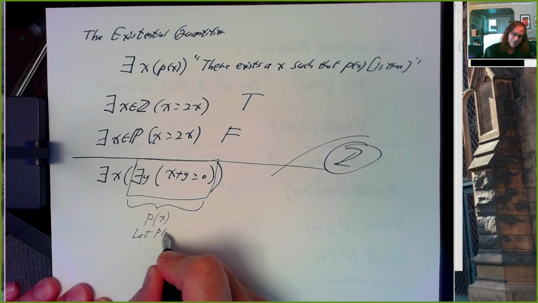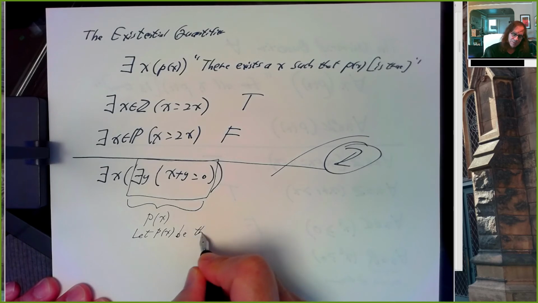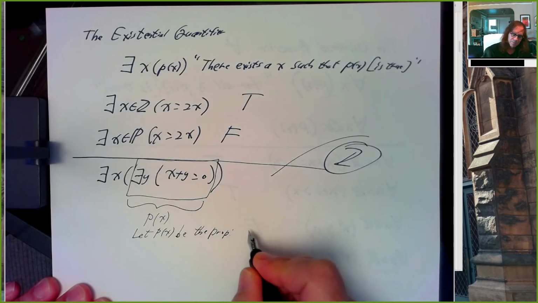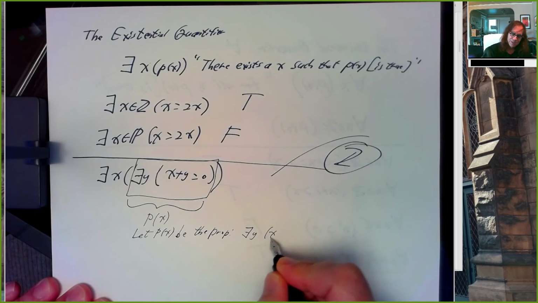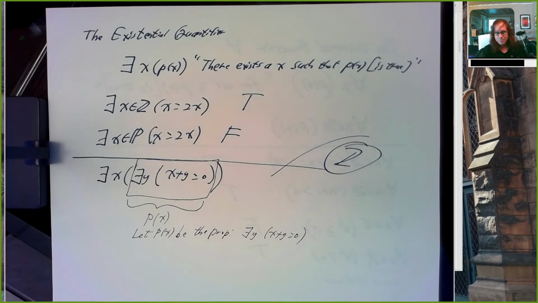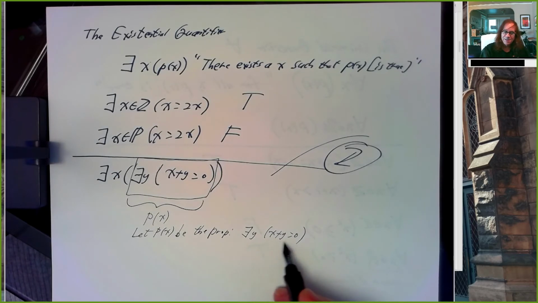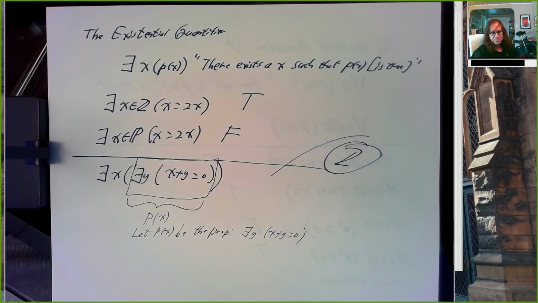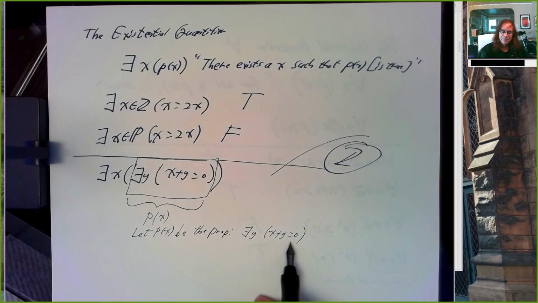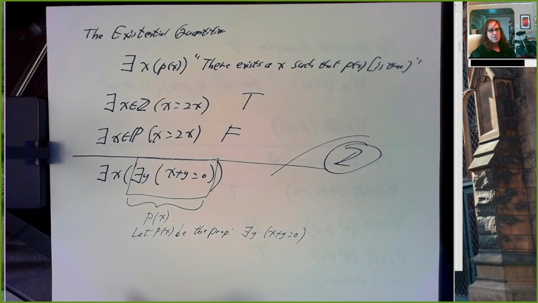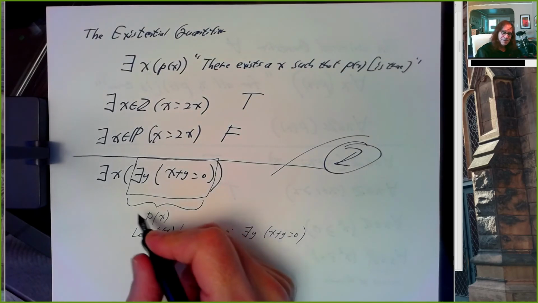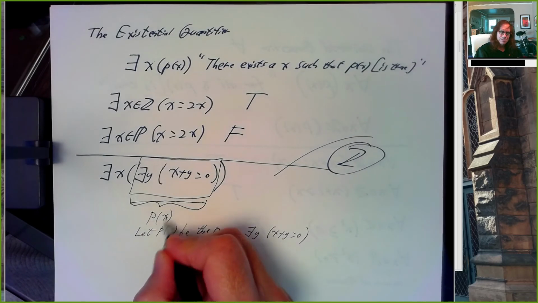I'm going to say let p of x be the proposition: there exists a y such that x plus y is equal to 0. It's a proposition about x. If I said x equal to 5, p of 5 is the proposition that there exists a y such that 5 plus y is equal to 0. If I said x equal to negative 10, p of negative 10 is the proposition that there exists a y such that negative 10 plus y is equal to 0. So this is a family of propositions in an unknown propositional variable x.